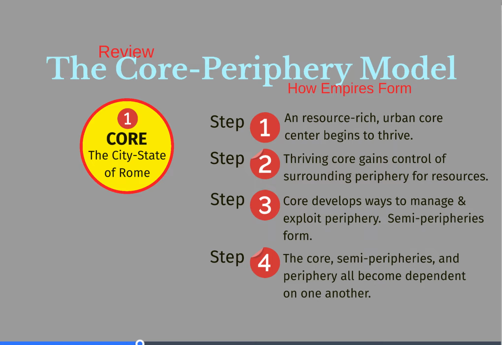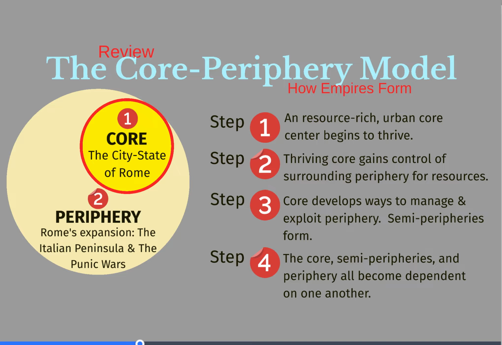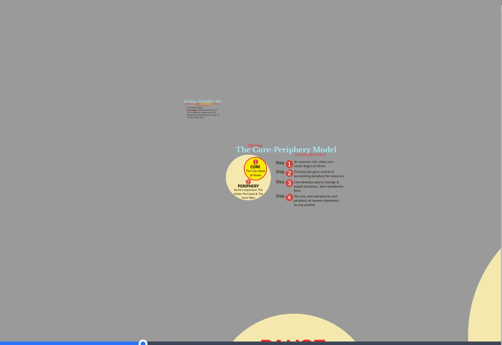And then finally, step 4 is that the core and the semi-peripheries and the peripheries all become one integrated system dependent on each other, and hopefully the empire has formed strong, complex institutions and used culture wisely in order to truly unify the empire to prevent revolt. So that'll be our next step in studying Rome. Essentially we get the core, which is the city-state of Rome, and then it begins to conquer the periphery. These are the topics you'll read about tonight: Rome's expansion into the Italian peninsula and the Punic Wars, where they conquer the city-state of Carthage.